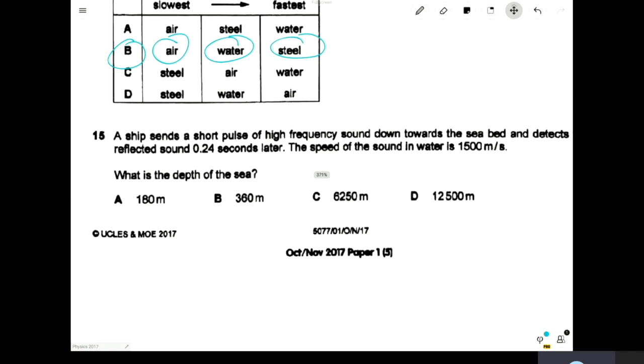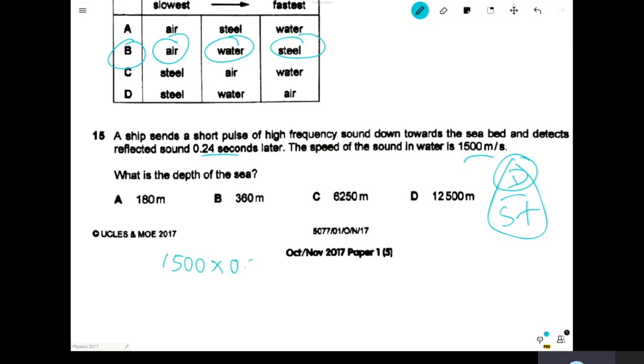There's an echo of 0.24 seconds. So we use the DST triangle. To find D, you must take speed times time. We have the speed, we have the time.